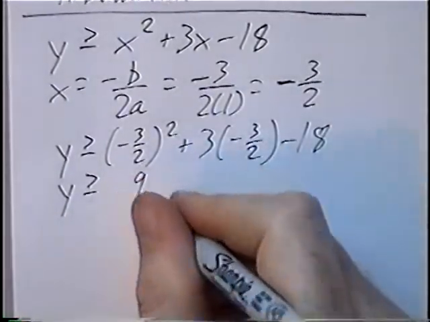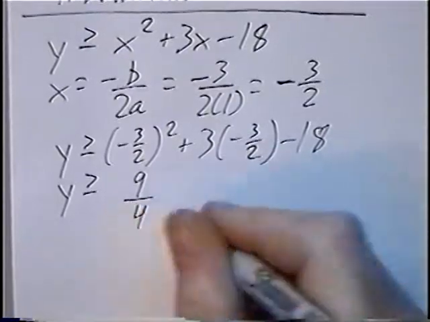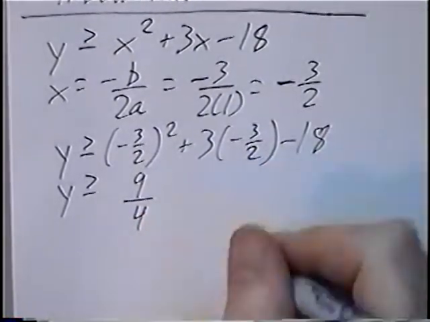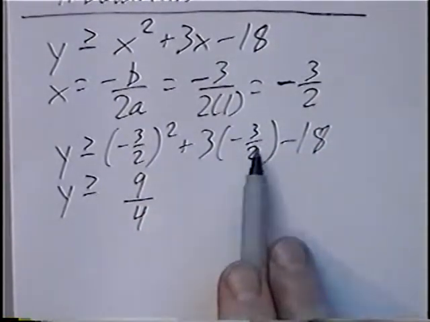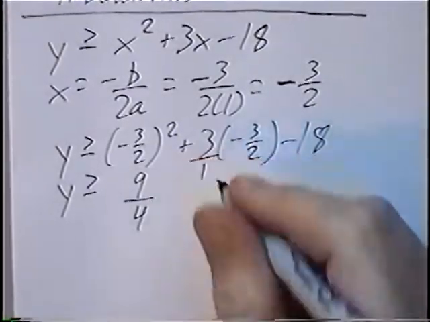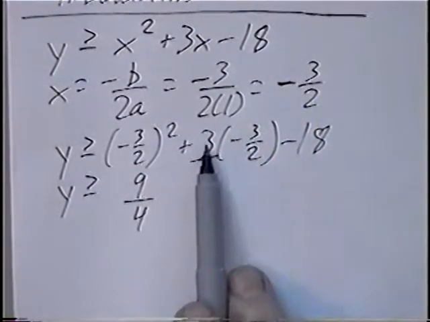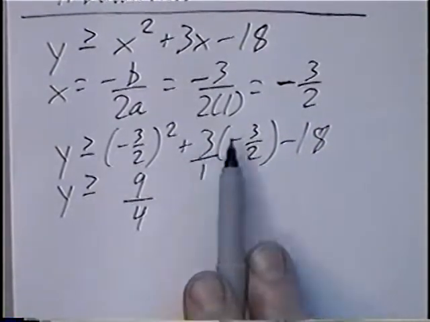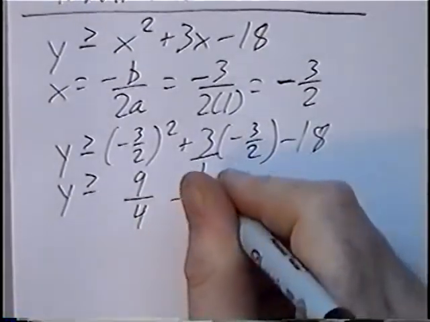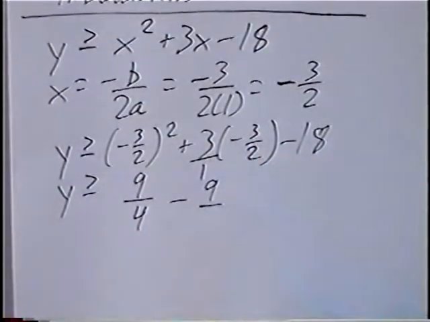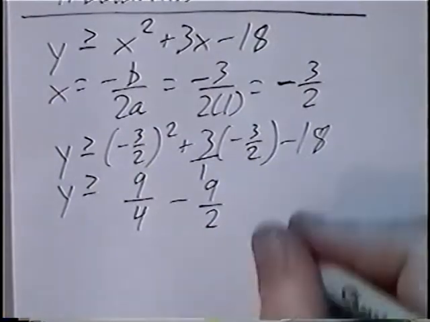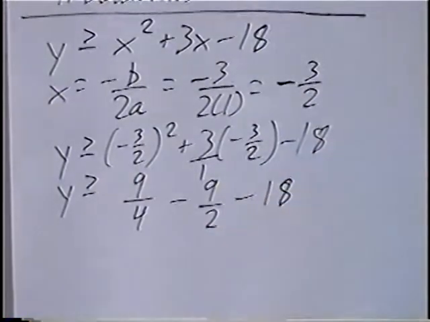Negative 3 squared would be 9, and 2 squared would be 4. So we'll have 9 over 4. 3 times negative 3 halves. You can make each of these fractions and then multiply straight across. 3 times a negative 3 would be negative 9, and 1 times 2 would be 2. And minus 18 would stay the same.